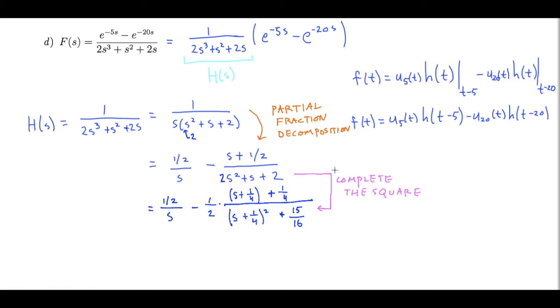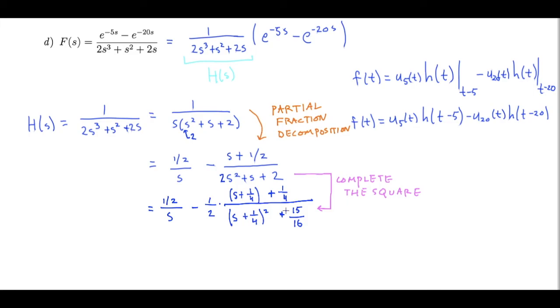But having done all of that algebra, this term here, again, can clearly be untransformed. And now it's not obvious, but this term can be untransformed as well. I'll actually need to split this up into 2 separate fractions so that I have this s plus 1/4 over this denominator along with this 1/4 over this denominator. And if this denominator was simply s squared plus 15/16, I recognize that as being sine or cosine.